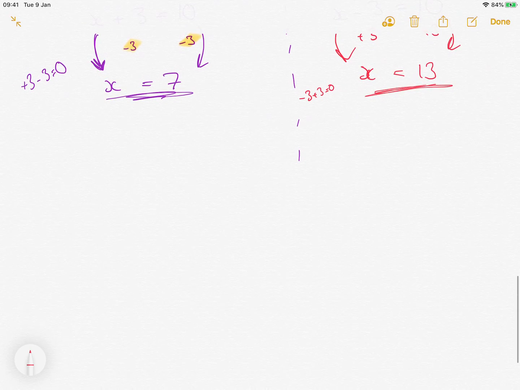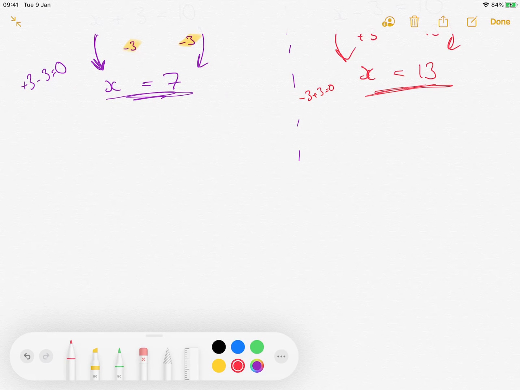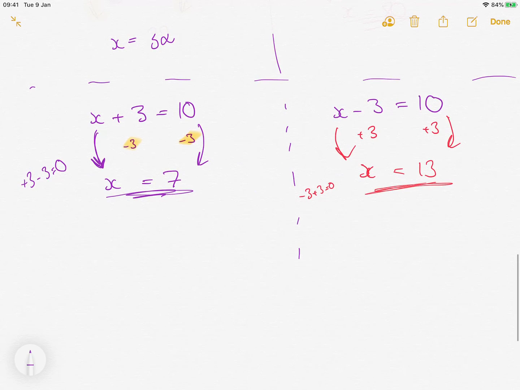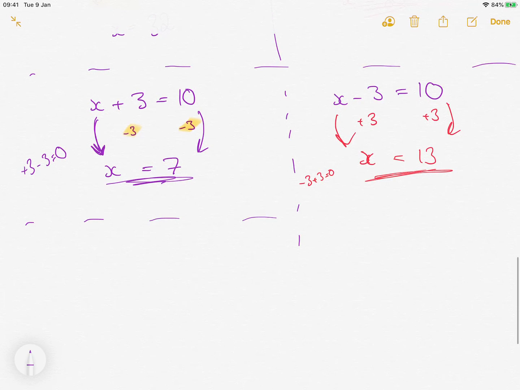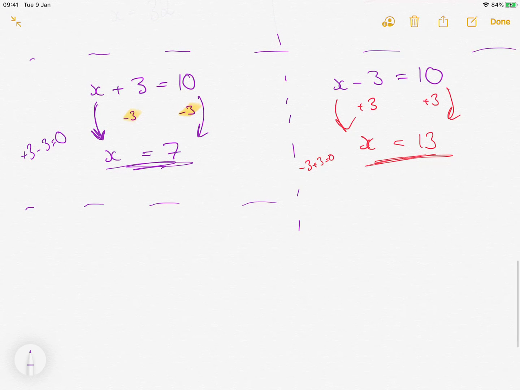There's just one final example I'd like to show you, similar to this one here, but instead I'm going to change it. Now, people really struggle with questions like this because they're like, well, how do I know what the inverse is? Because here I'm told that we're adding 3, but here it just looks like it's a 3 on its own. So how do I know how to get rid of it on this side and get x on its own?